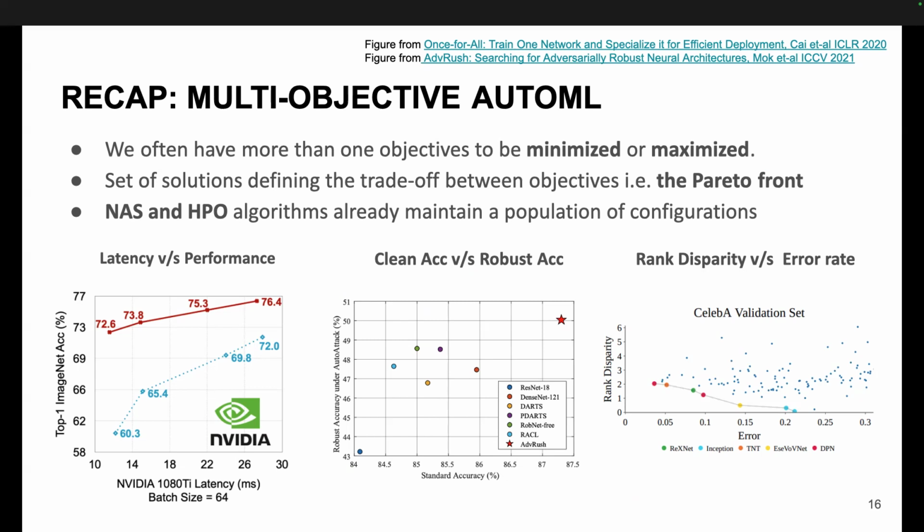What is nice about NAS and HPO algorithms is that they already maintain a population of configurations, so I think they are a very natural candidate for multi-objective optimization. Examples of this could be, as we saw earlier, latency versus performance, clean accuracy versus robust accuracy, or the plot that we saw earlier, rank disparity versus the error rate.